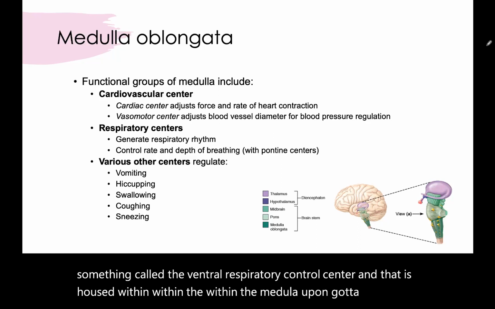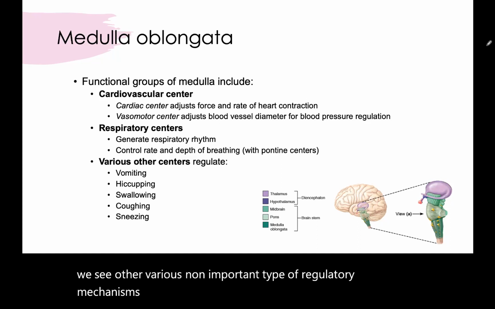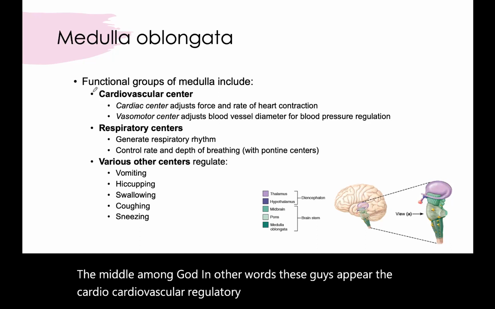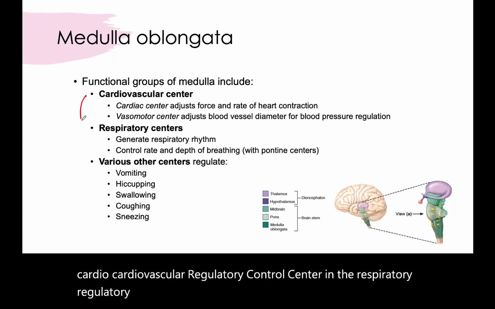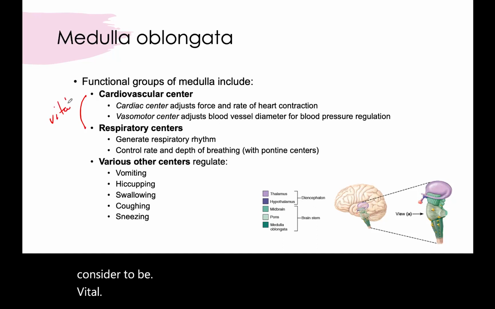And then we see other various non-important regulatory mechanisms within the medulla oblongata. In other words, these guys up here, the cardiovascular regulatory control center and the respiratory regulatory control center, both of these are what we consider to be vital reflexes.